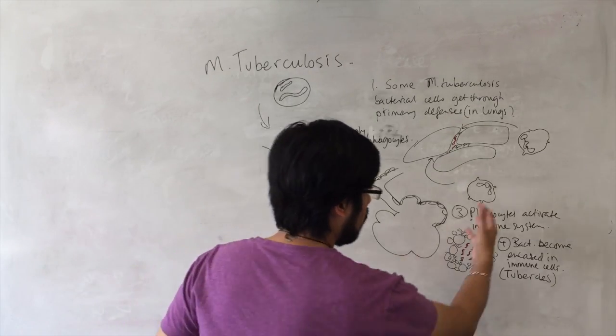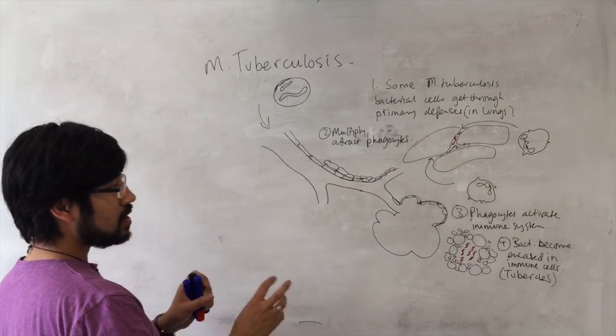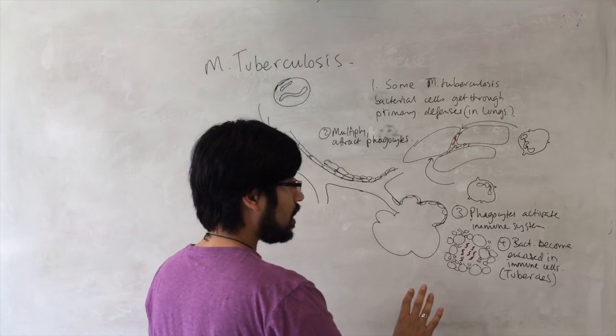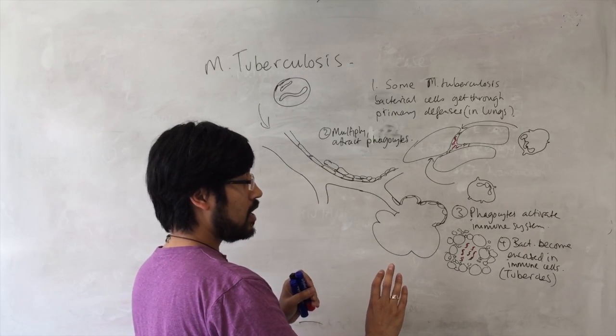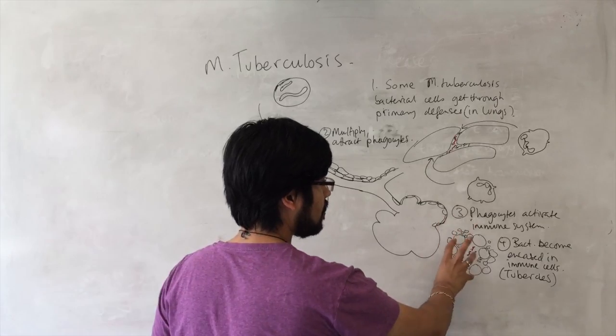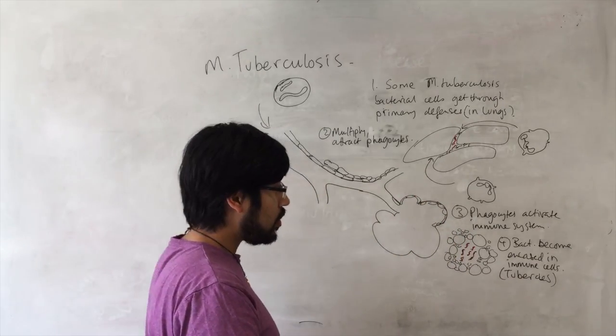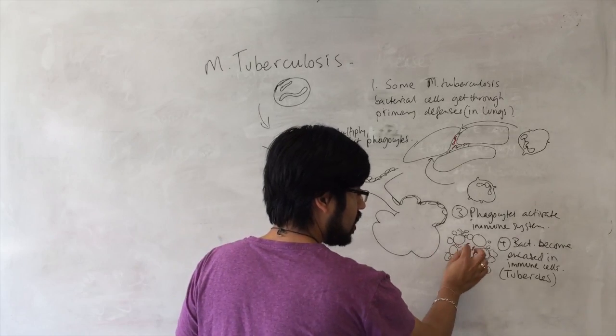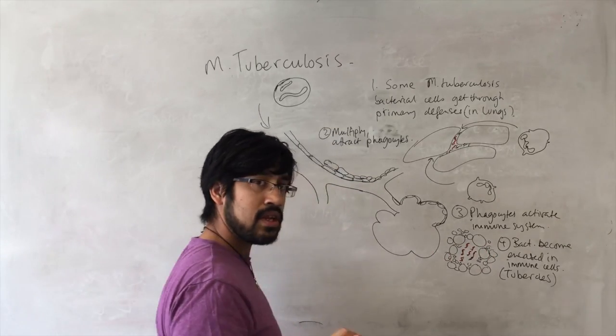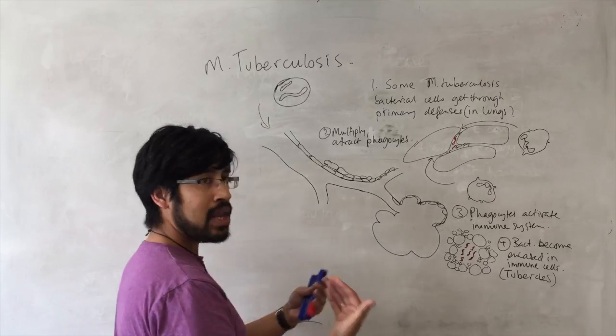Okay, so they become encased in these tubercles, and actually, what can happen is that the disease at this stage can just kind of stop. These bacteria are still viable in there; they're still alive, but there's this kind of balance.